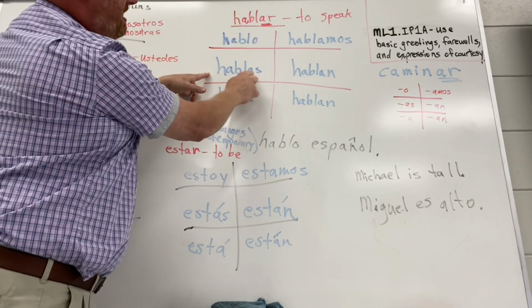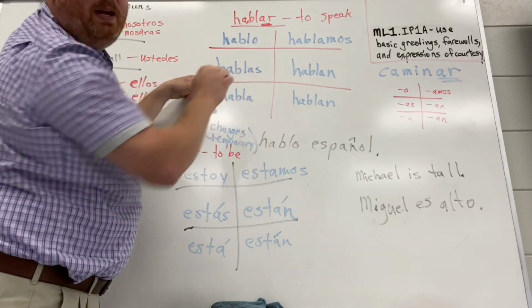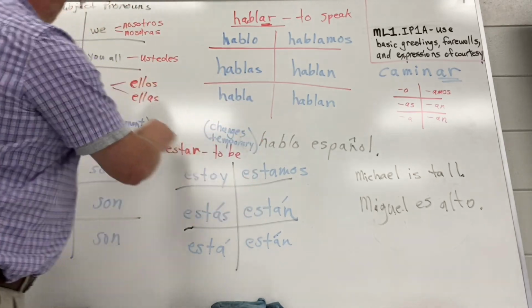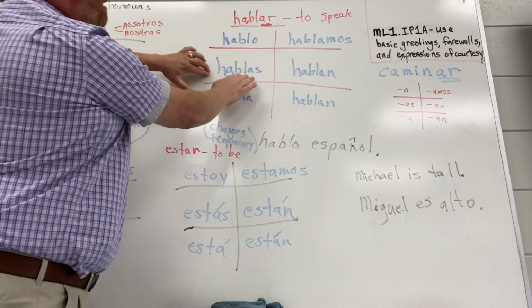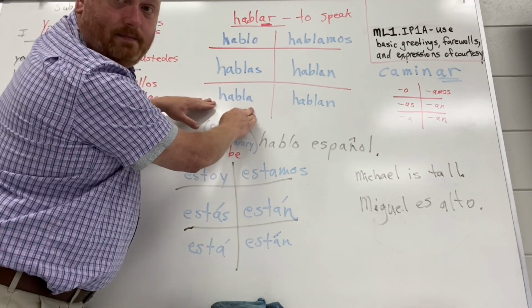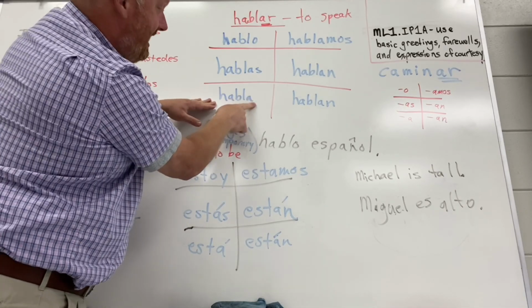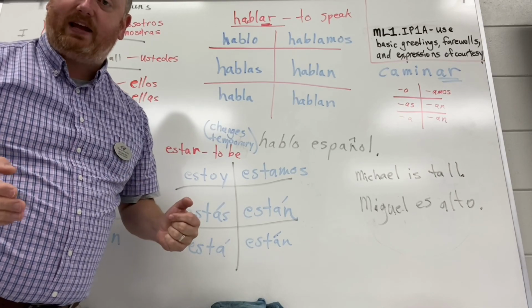This spot right here that has an AS, hablas, since we said AS means tú, remember tú is in this second spot when we looked at the pronouns, the subjects. So hablas means you speak. Habla ends in an A. That A on the end of it tells me that it's usted.